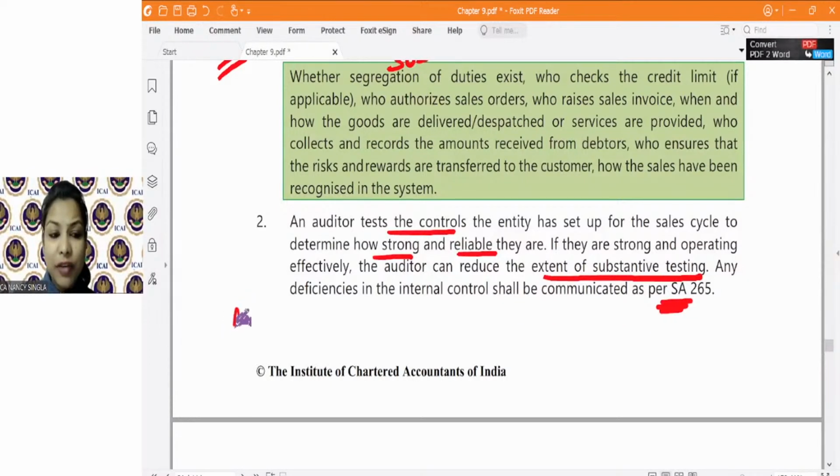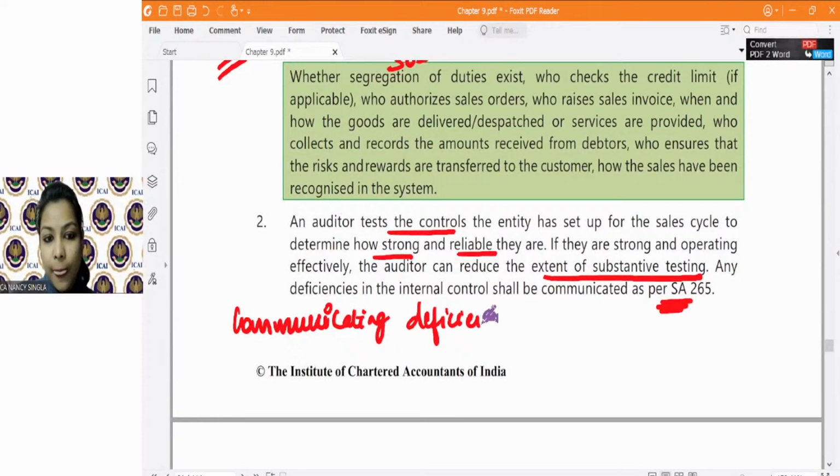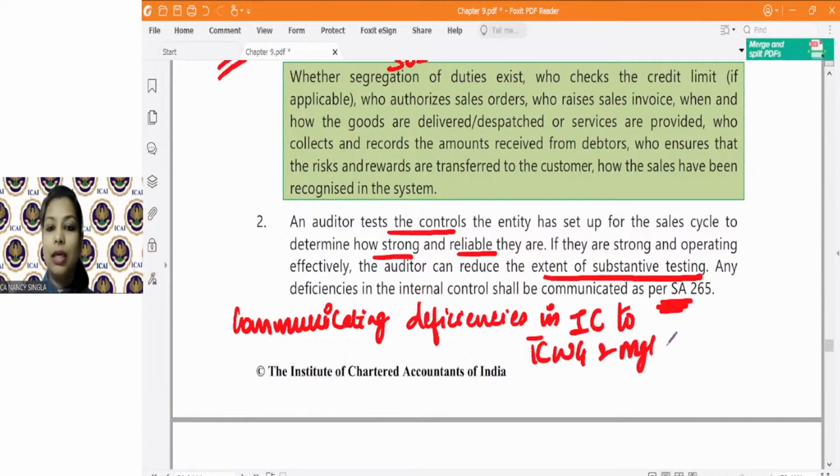So what is the name of SA 265? Communicating deficiencies in internal control to those charged with governance and management. So there is a responsibility on the auditor in terms of SA 265 to communicate the deficiencies in the internal control to those charged with governance and management.